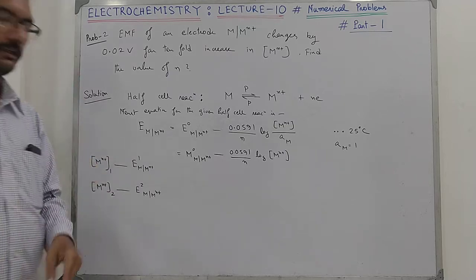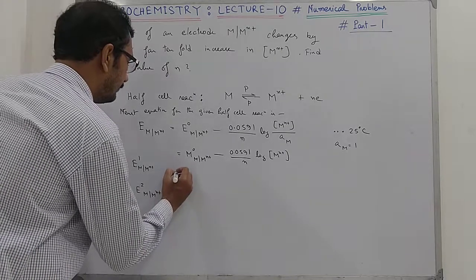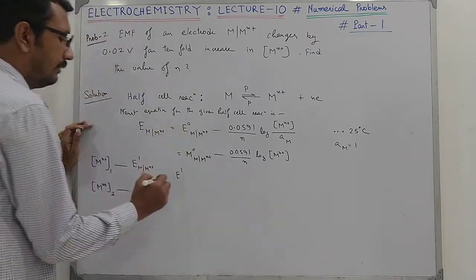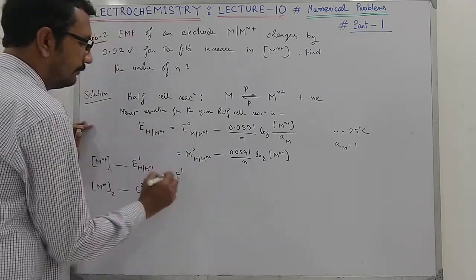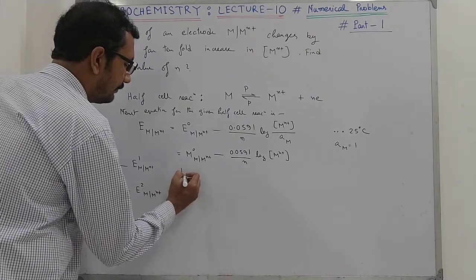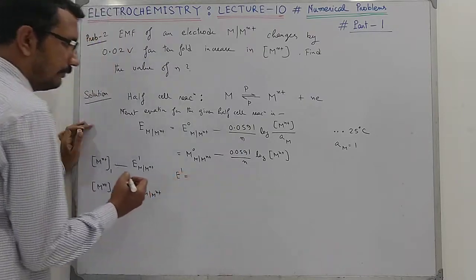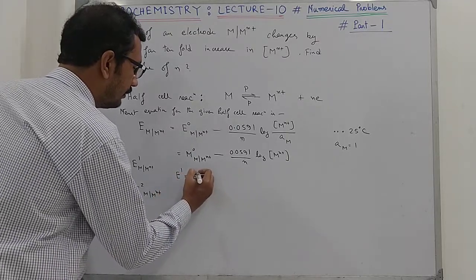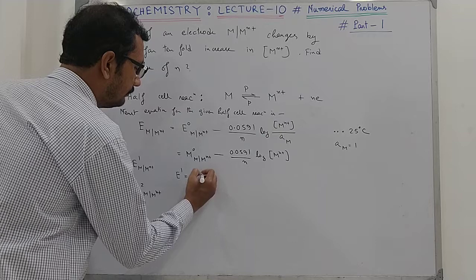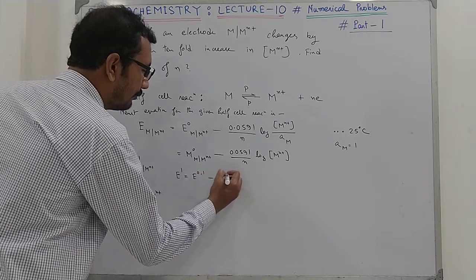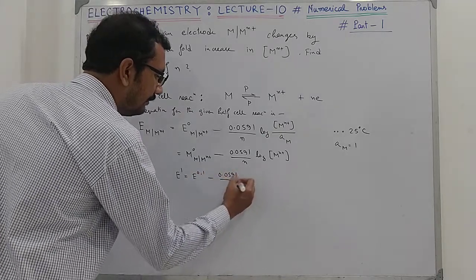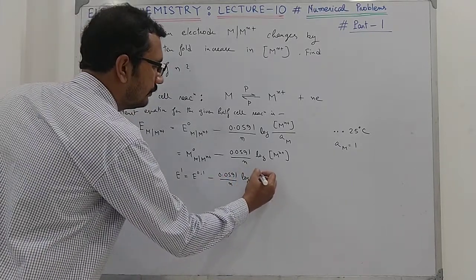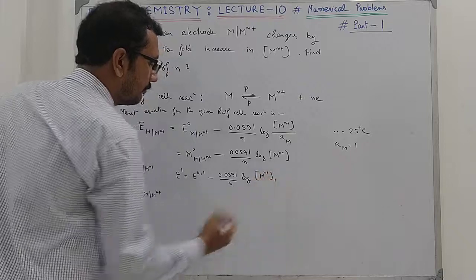So you will get two equations. I am not presenting the half cell notations any further, to reduce my labor. So E1 equals E0 1 minus 0.0591 by n log Mn+ 1.